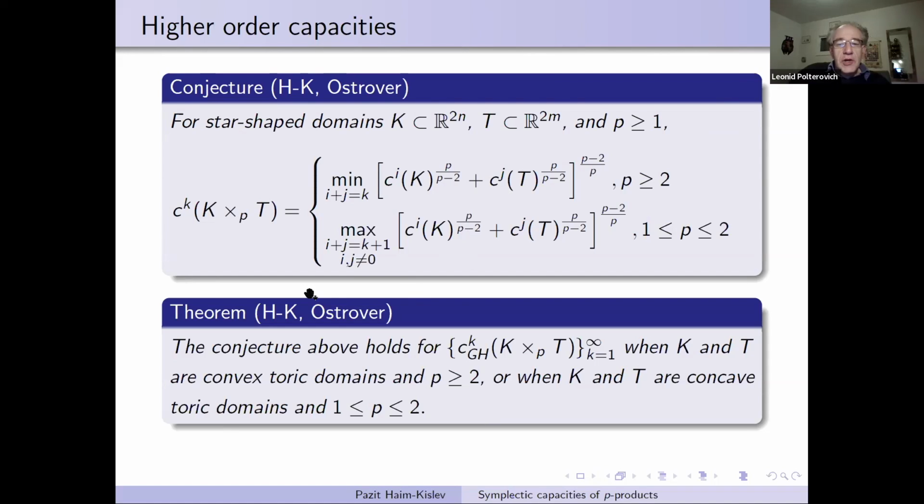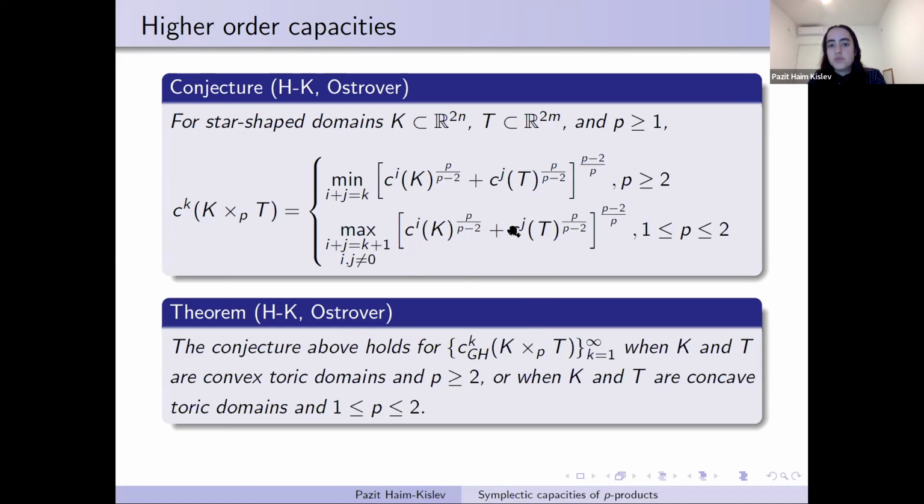And what is the regularity in p? It's continuous, but can you say a bit more? Oh, I probably should have said that at p equals 2, we have the min of max of c_i of K and c_j of T, and here we have the max of min of c_i of K and c_j of T. In fact, they are equal, this min-max and max-min.